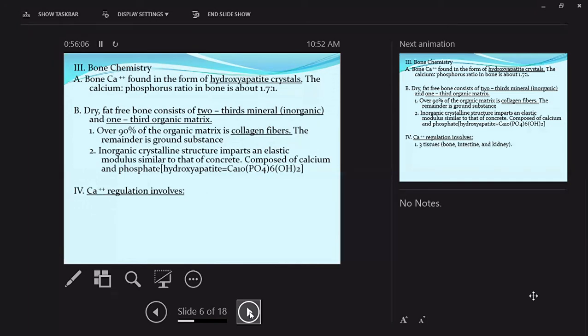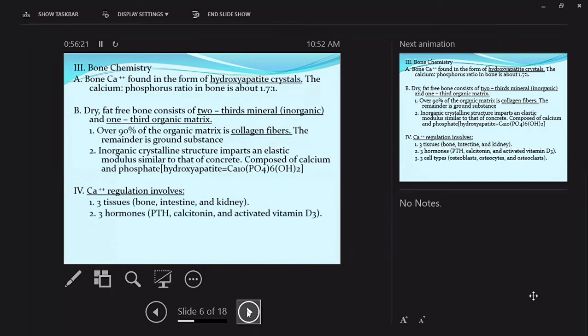Calcium regulation involves 3 tissues: bone, intestine, and kidney. Three hormones: parathyroid hormone, calcitonin, and activated vitamin D3.